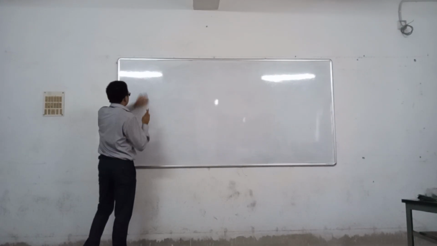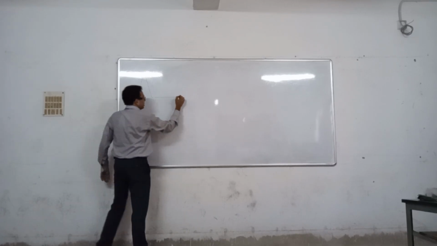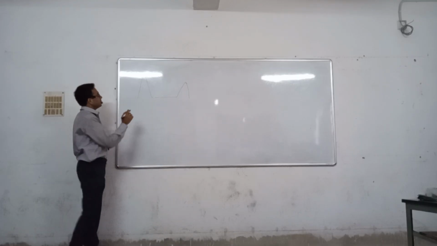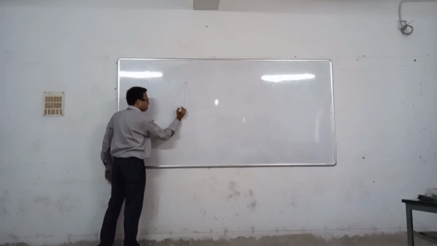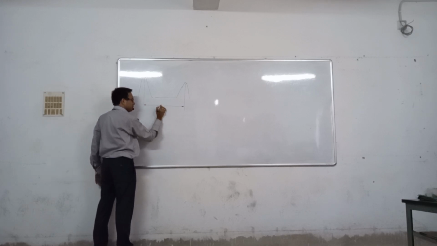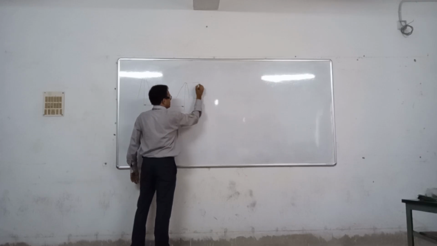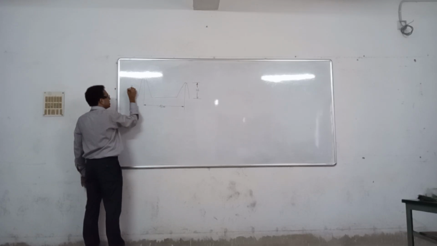There was a hill and there was another small hill. The problem was given and this distance was given. Please note down. This distance was given as 40 meters, this was given as 16, and this was given as 26.